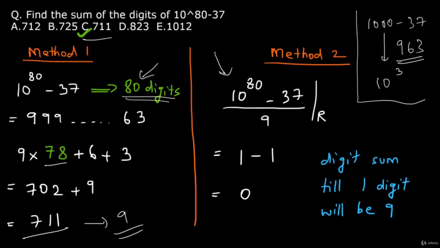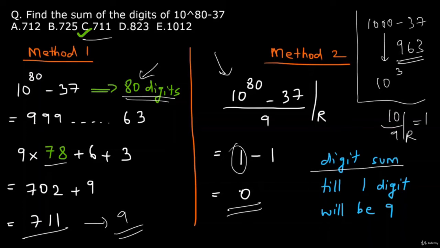Now 10 to the power 80 by 9 gives a remainder 1, right? Because 10 by 9 remainder is equal to 1. So over here you have 1 to the power 80, which is 1 itself. And 37 by 9 also gives you a remainder of 1, right? Because 37 is 36 plus 1. So 1 minus 1 is equal to 0. So that means the digit sum should be either 0 or it should be 9, right? In this case, it should be 9.